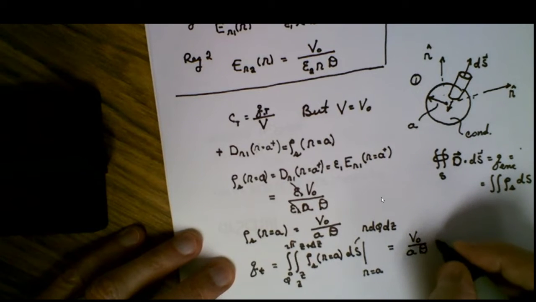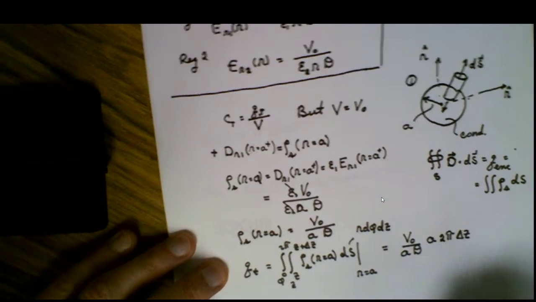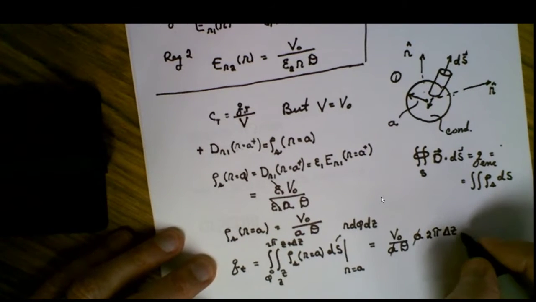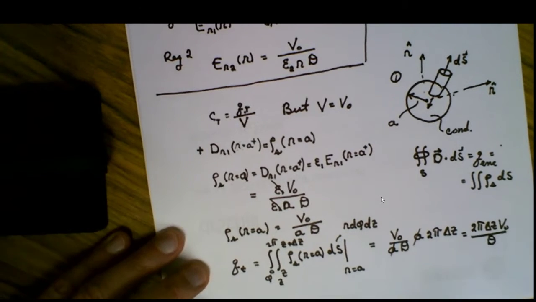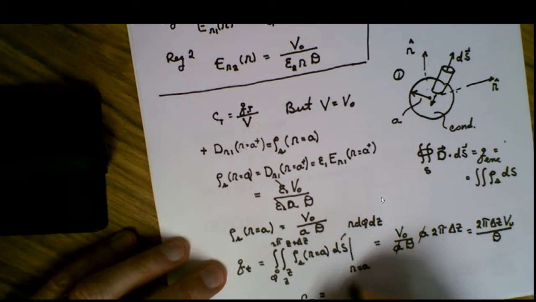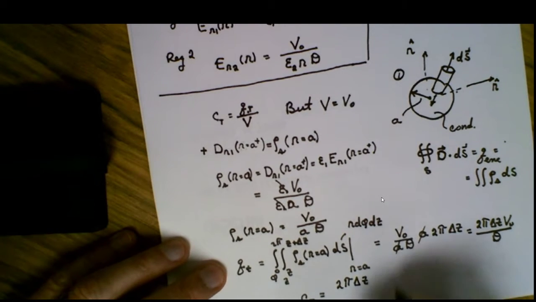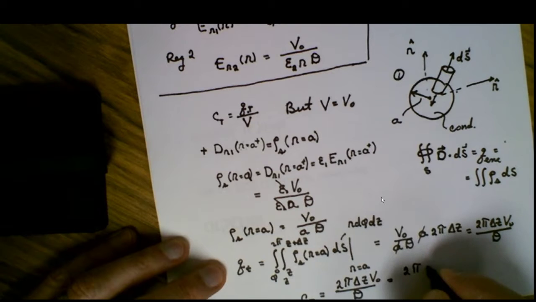The area, the element of surface is going to be equal to A times 2 pi times delta Z. You see that the factors of A drop out, and hence this is going to be equal to 2 pi times delta Z times V naught over D. Consequently, the total capacitance, and I have enough room to squeeze it in, is going to be equal to the charge in the numerator, so that'll be 2 pi times delta z times V naught divided by script D. And that in turn is going to be equal to 2 pi times delta z.